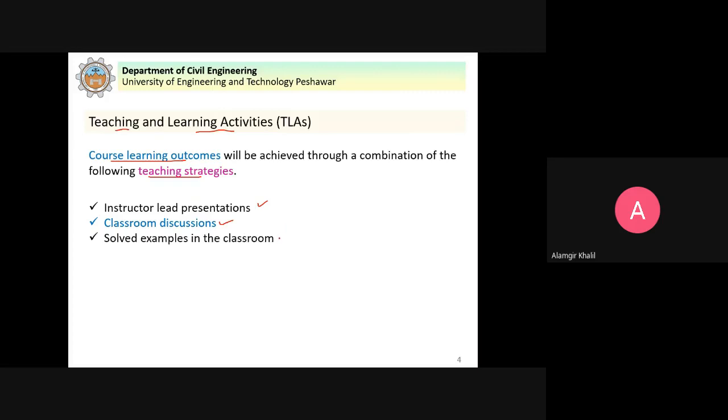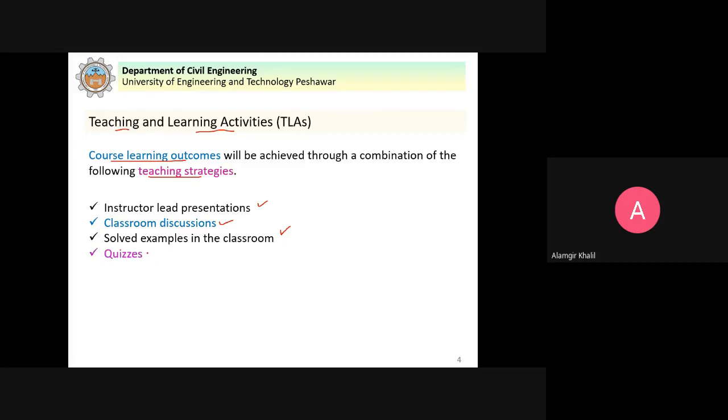Since we have to deal with design of irrigation canals, dams, hydraulic structures, and the crop water requirements, there will be classroom examples to apply the theory to solve the problems.